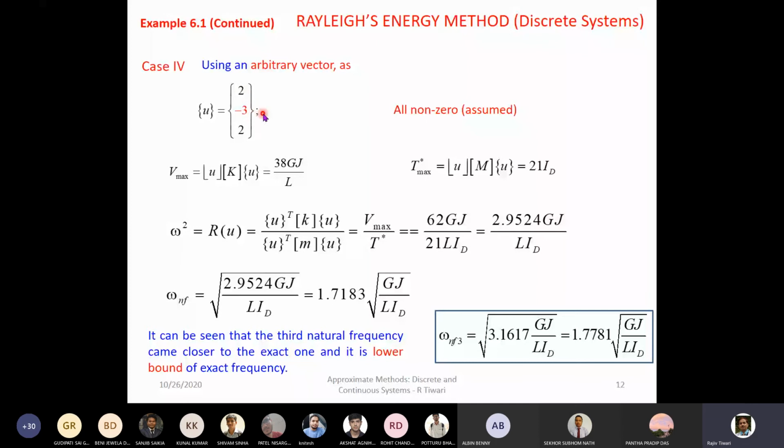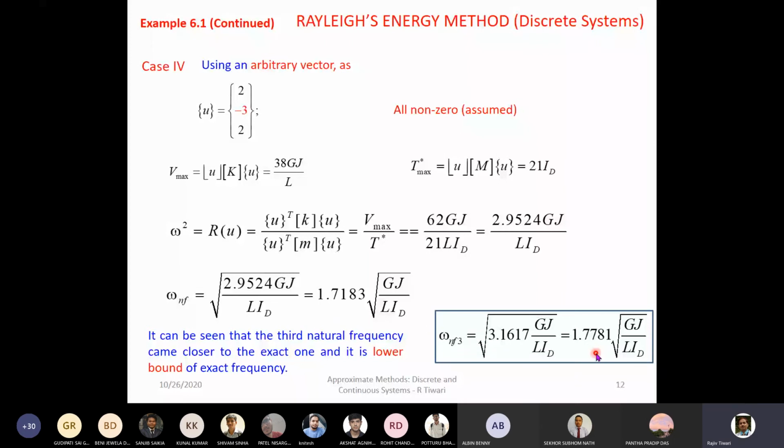With this eigenvector, if we again obtain Vmax and Tmax, divide them and take the square root to get the natural frequency, we have 1.7183, and the third natural frequency of the same system is 1.7781. Now you can see this is closer, but it is less than the highest natural frequency.